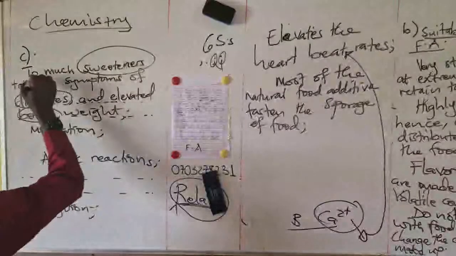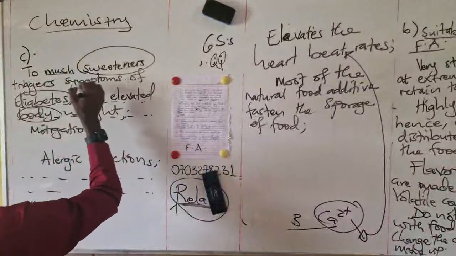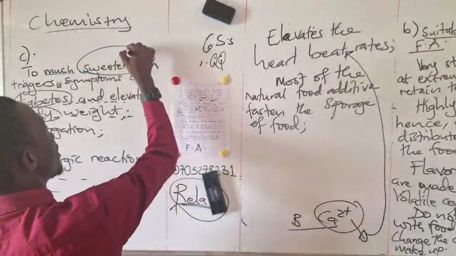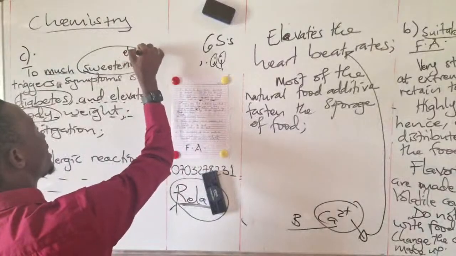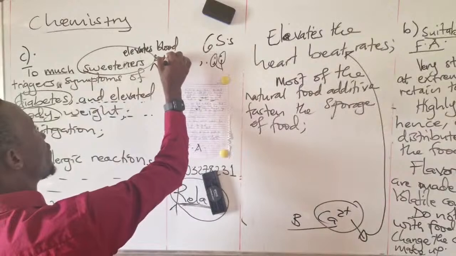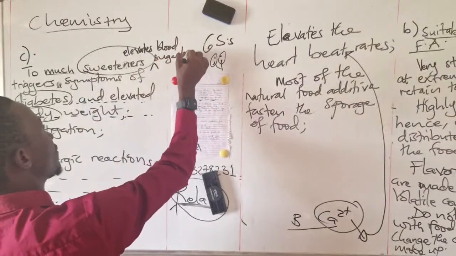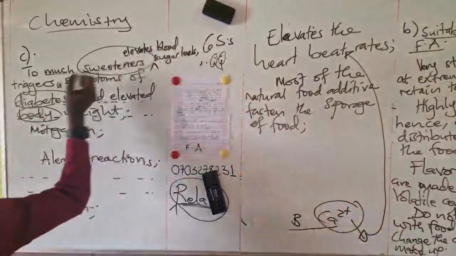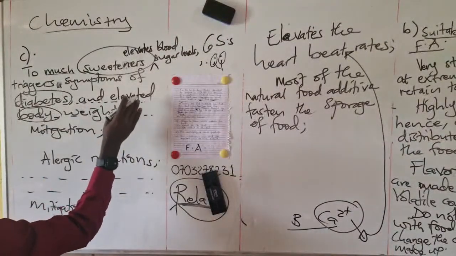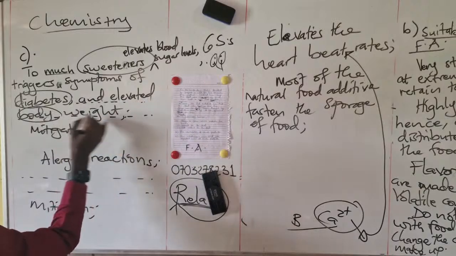So the too much sweeteners, actually the effect could be elevated blood sugar levels, triggering symptoms of diabetes and elevated body weight.